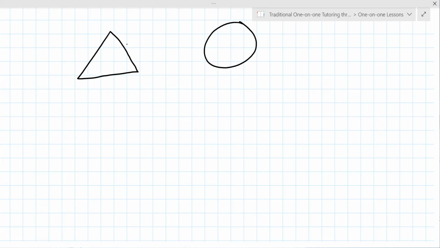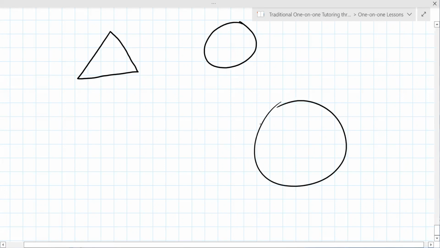Well, I want you to go through it systematically: think about how they intersect one time and then two times. I think you'll see it's harder than you think. This is very much an exercise where you need to draw a bunch of different circles and triangles until you figure out the possibilities.